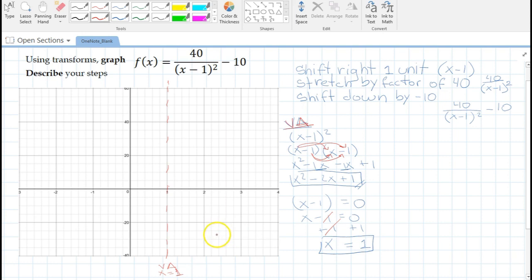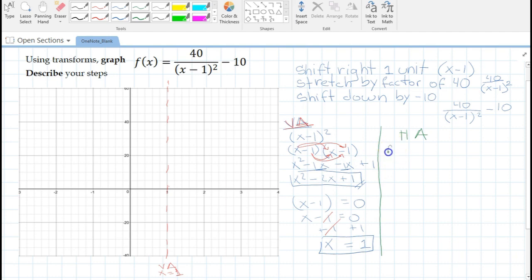Now we're going to find our horizontal asymptote. I'm going to do this one in green. Horizontal asymptote. I'm going to take this that I already solved.